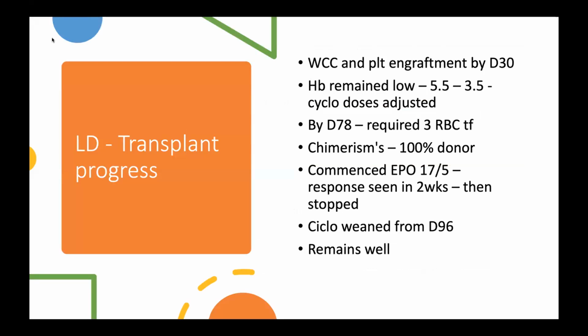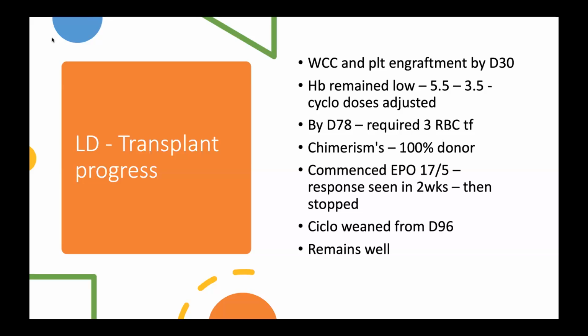Her hemoglobin remained low, dipping as low as 5.5 to 3.5, and a little bit more of a complicated course here. By day 78, she still was requiring transfusions and had required 3 transfusions to date. Her chimerisms were checked, and this confirmed that it was 100% donor.